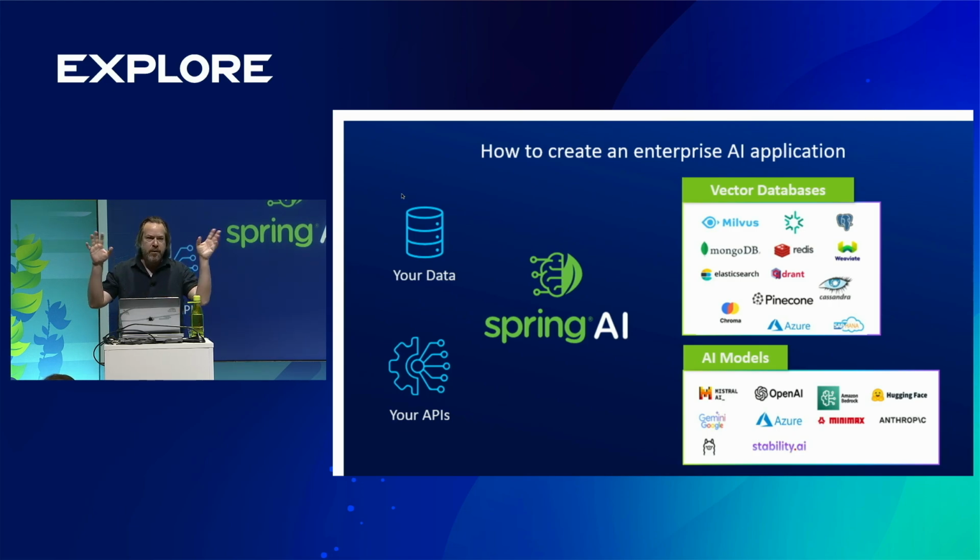But these are the four, let's call them, sectors. You have your data and your apps on one side. And then you have this technology called vector databases. Right now, this is critically important if you're trying to summarize or search documents. You basically have to pre-process them in a certain way.